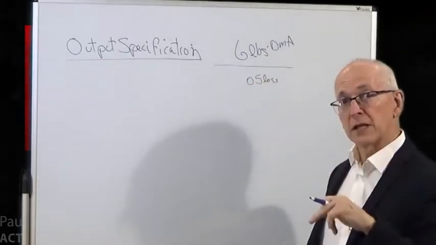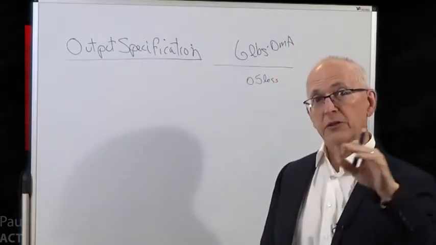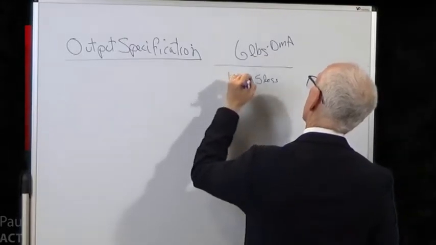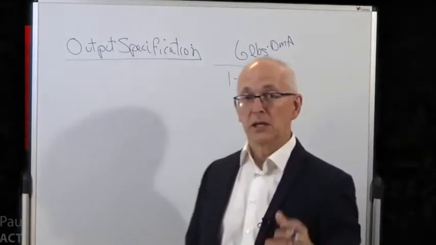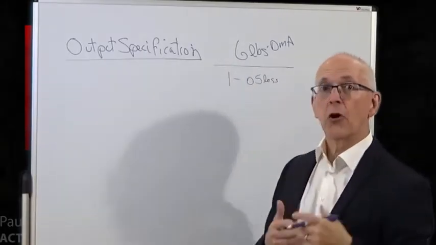But we need the realization rate. We need the percentage of good stuff that happens, right? We need to transform the loss rate into the realization rate, and we do it like this. 1, meaning 100%, minus the loss rate.